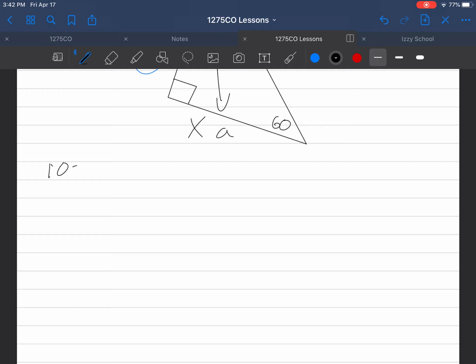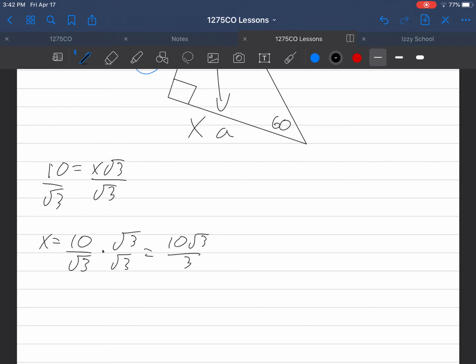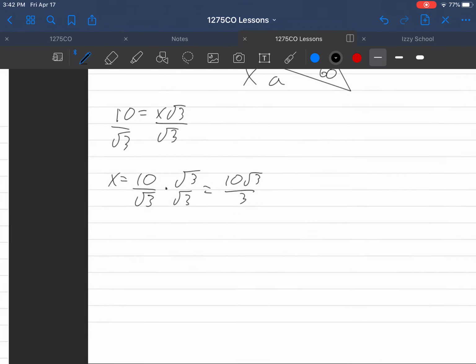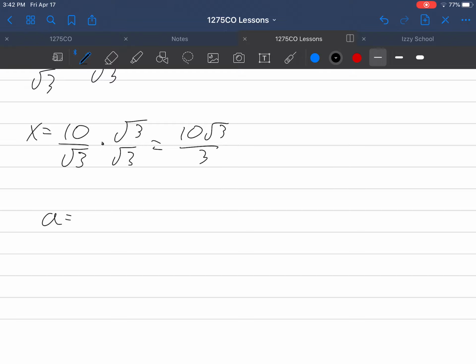So 10 is equal to x times radical 3. We can divide by radical 3, and x is equal to 10 over radical 3. Let us rationalize that to be 10 radical 3 over 3. And this is our value of a.